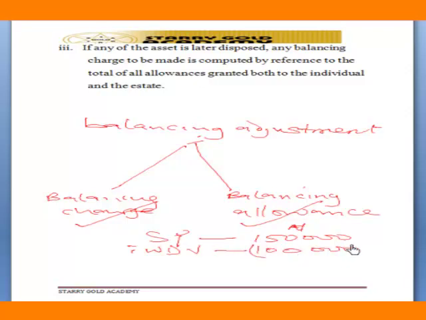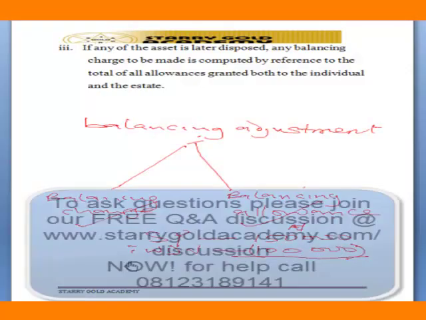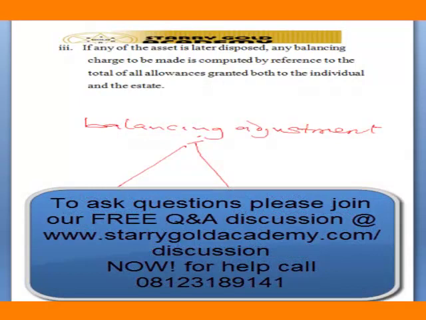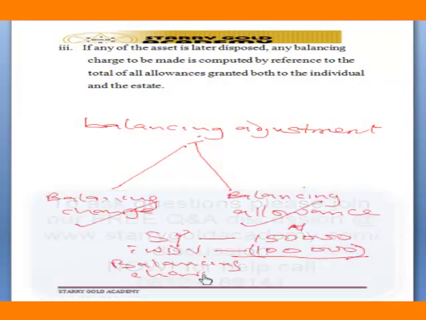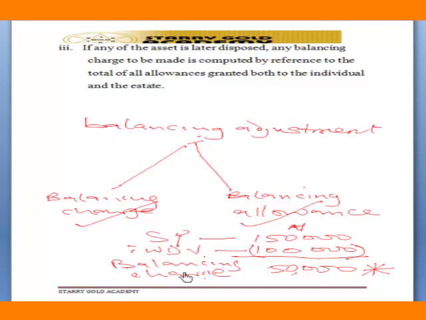It therefore means my balancing charge, because the sales proceed is more than the TWDV, is 50,000. What we are saying here is that this 50,000 is restricted to the total capital allowance this asset has enjoyed. Assuming this asset before now has enjoyed capital allowance of 40,000, it means my balancing charge for the purpose of tax is 40,000. Did you get that?